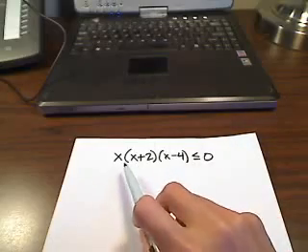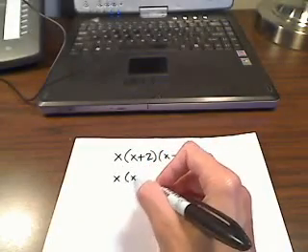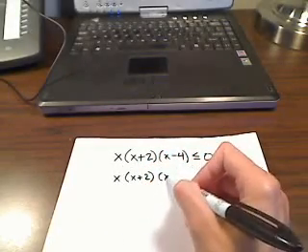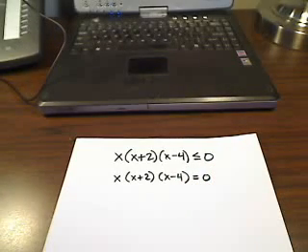If we're going to use the test point method, the first thing that we need to do is set this entire expression equal to 0 so that we can find the partition numbers that we're going to use to break our number line up.